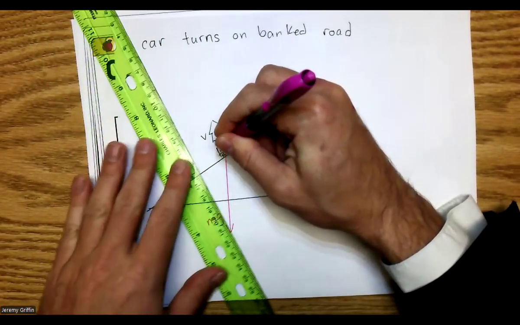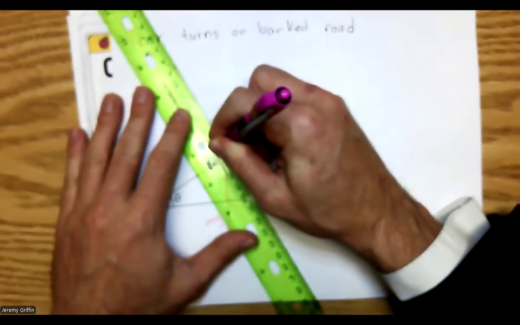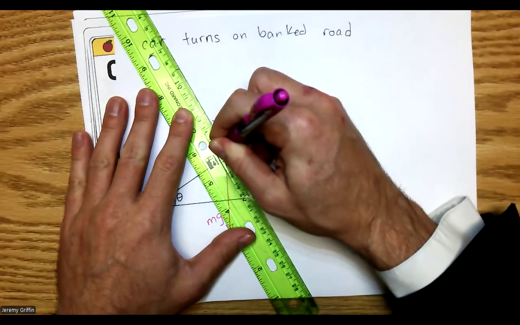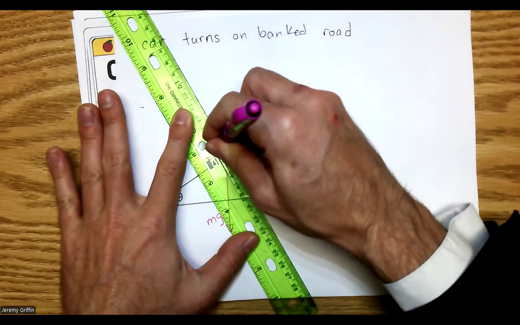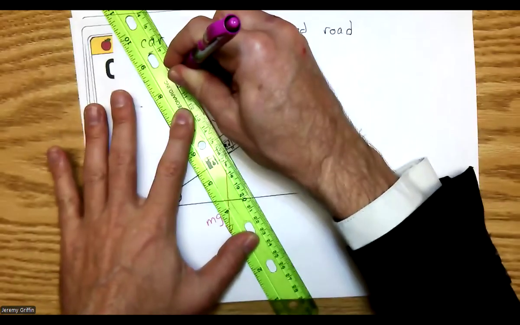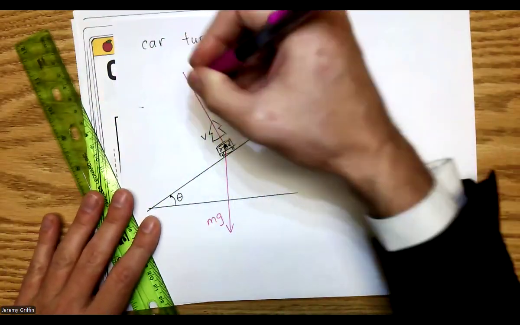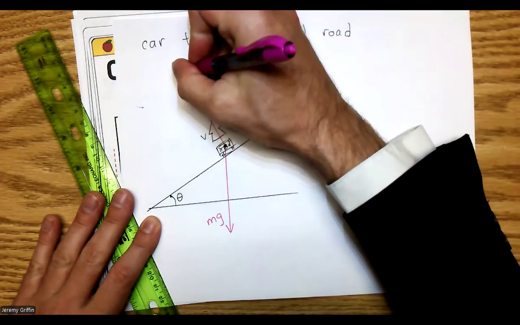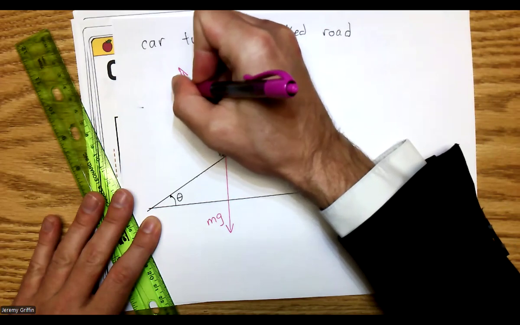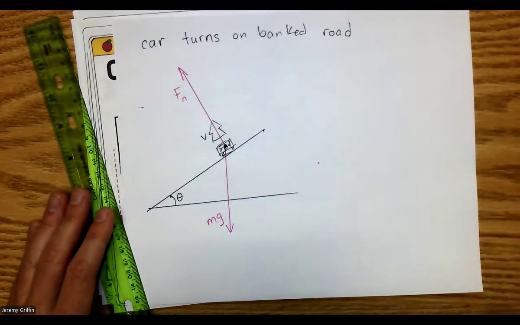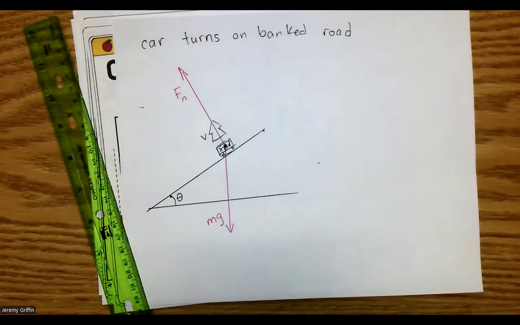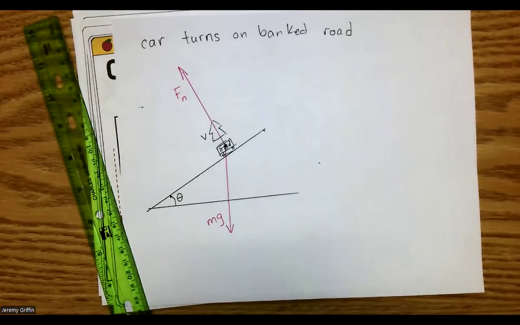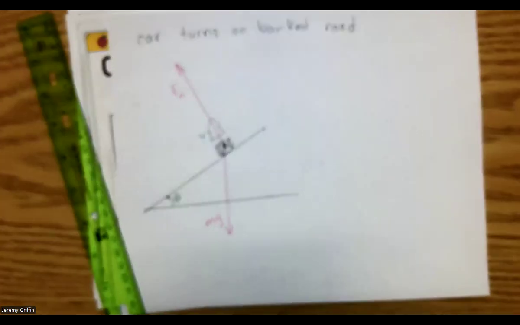Okay. What's a synonym for normal? Perpendicular. Right. Can you guys draw a line that's perpendicular to that surface? Okay. And make this a little bit longer than the weight vector. So however long that is, make this one a little bit longer. Show you guys why. Okay. So this looks kind of like an incline puzzle, but we're going to approach this a little bit differently than an incline puzzle.